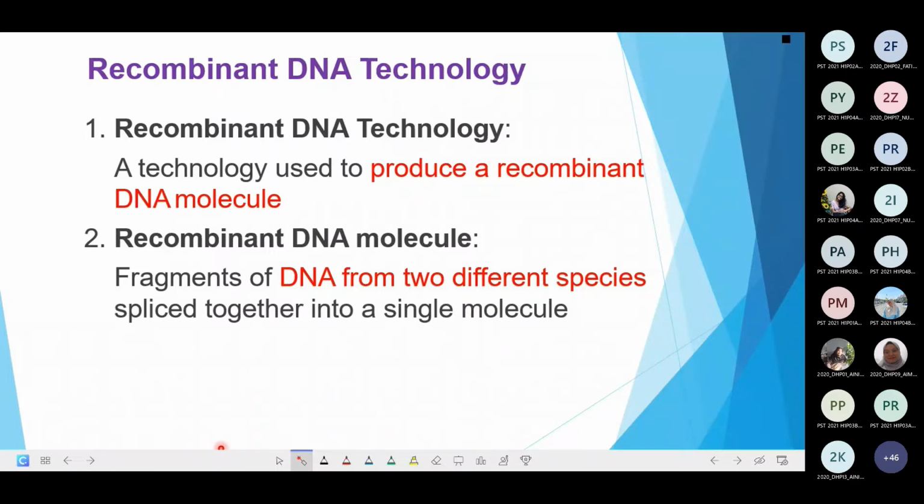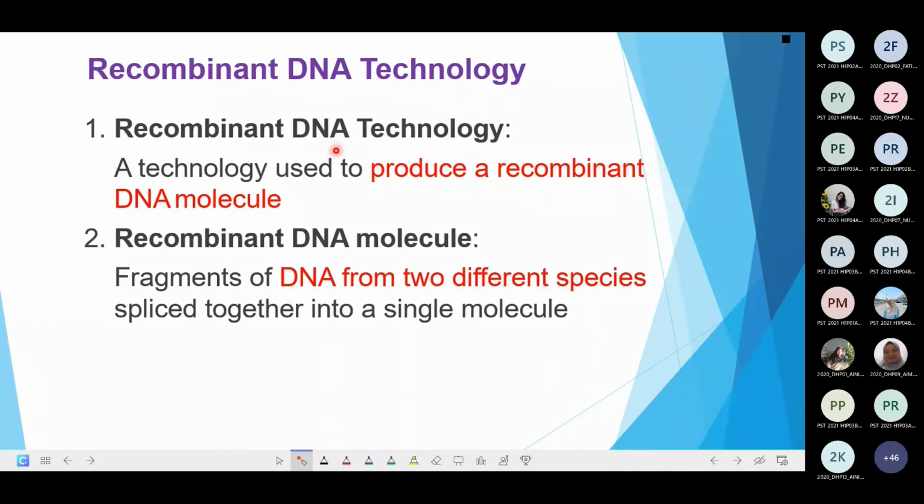Basically, when we talk about recombinant DNA technology, we are focusing on a type of technology that refers to a procedure which will recombine DNA molecules.